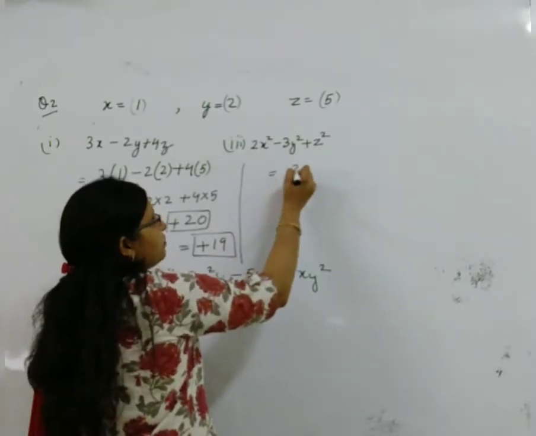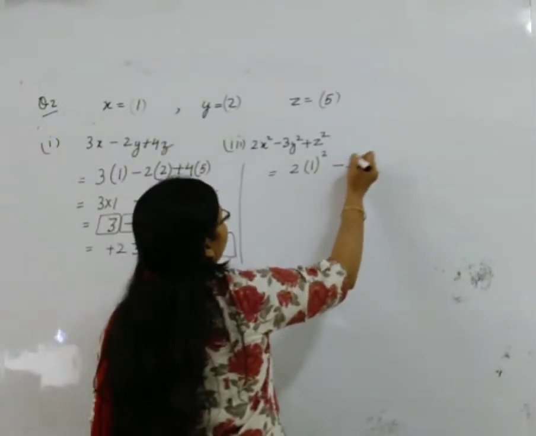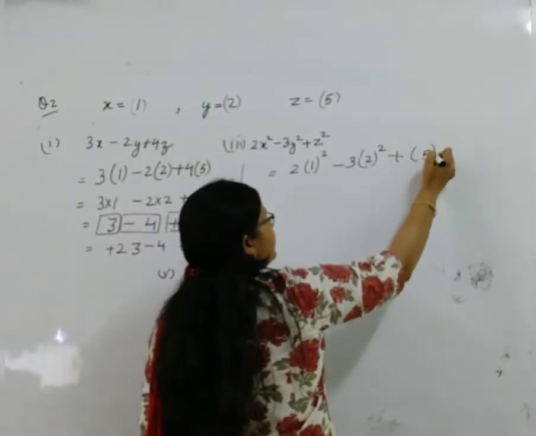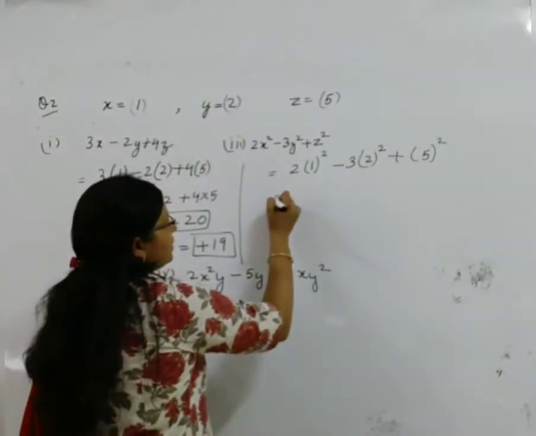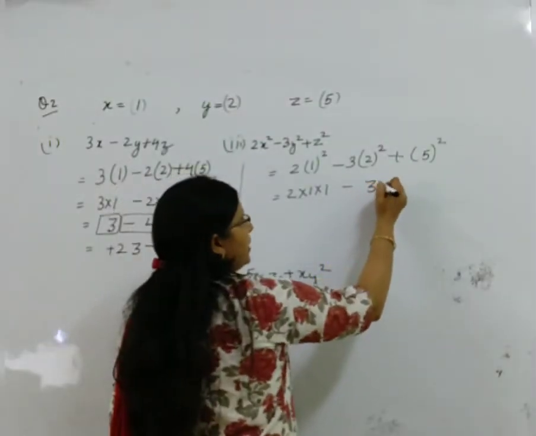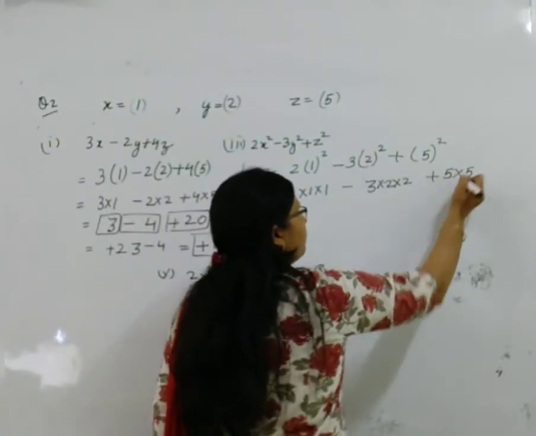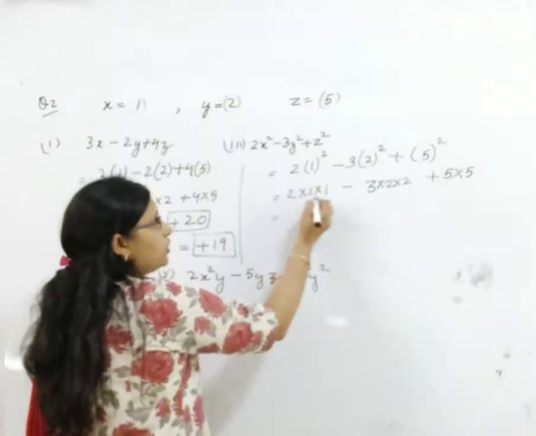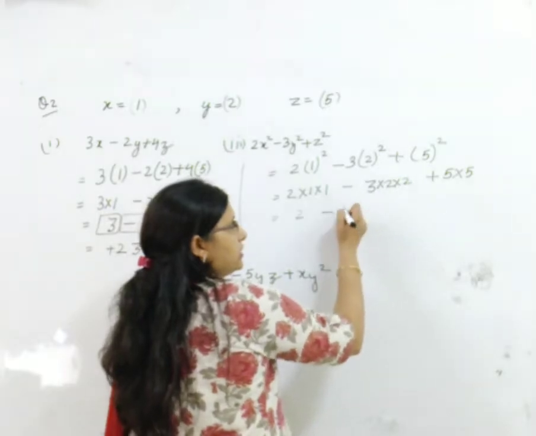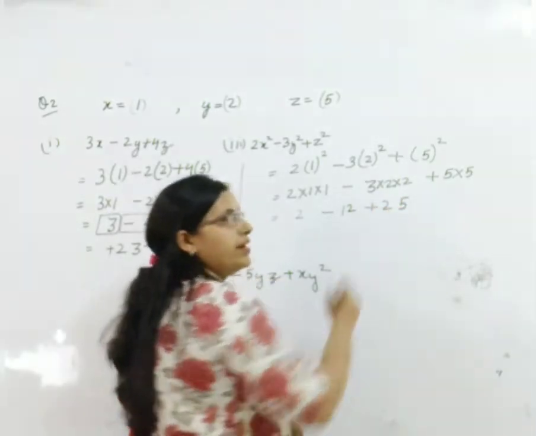2 into x square, the value of x is 1 square, minus 3 into the value of y square, plus the value of z square. So it means 2 into 1, minus 3 into 2 into 2, plus 5 into 5. So here it becomes 2 minus 2 into 2 is 4, 4 into 3 is 12, plus 5 into 5 becomes 25.